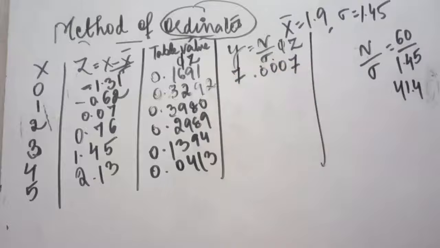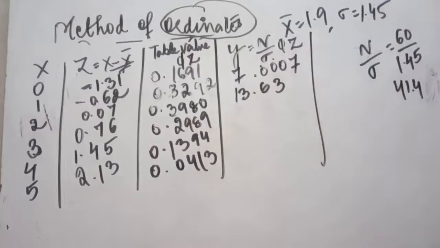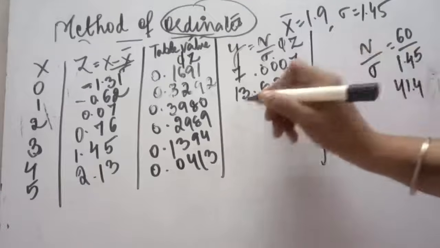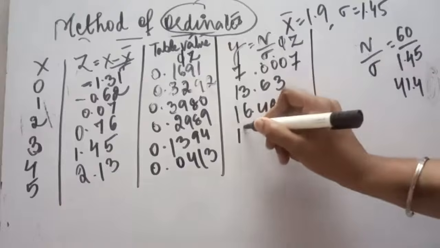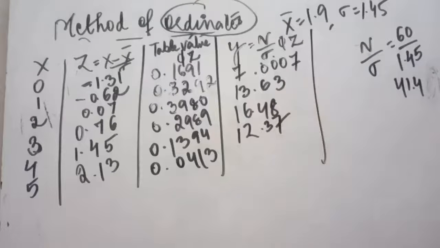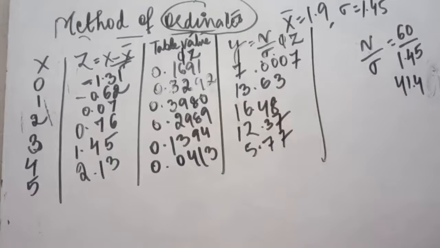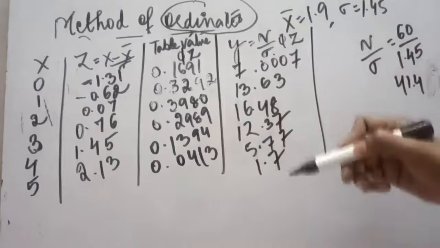Second value is 0.3292 multiplied by 41.4, and this value comes out to be 13.63. Like this we will calculate the values for all. Next comes out to be 16.48. Next will be 12.37. Next comes up to be 5.77. And the last is 1.7. So this is the value of y.